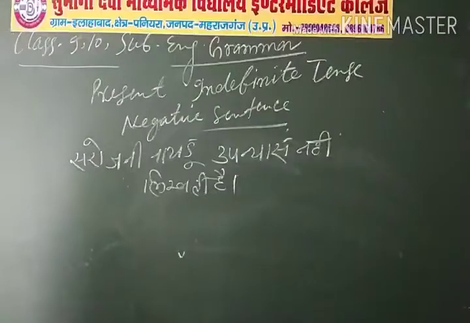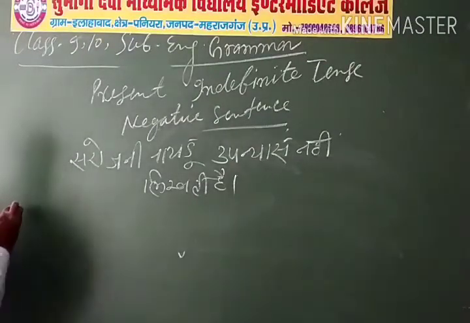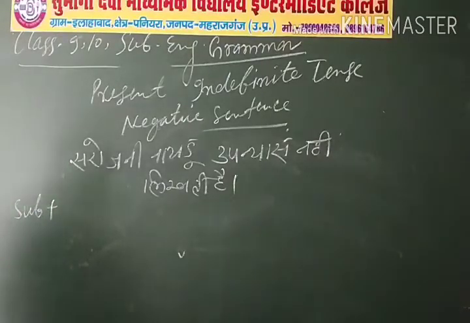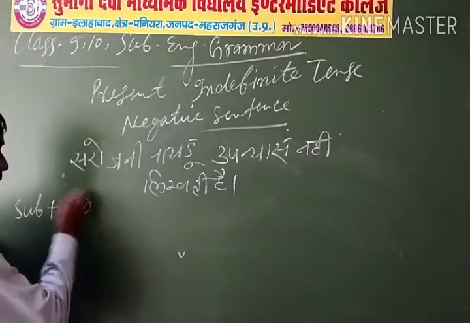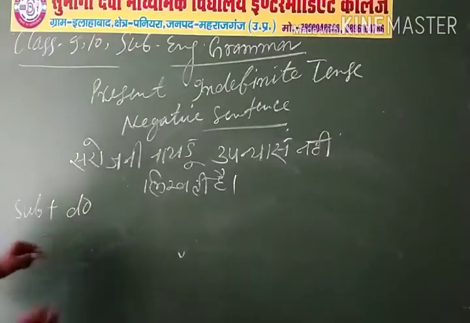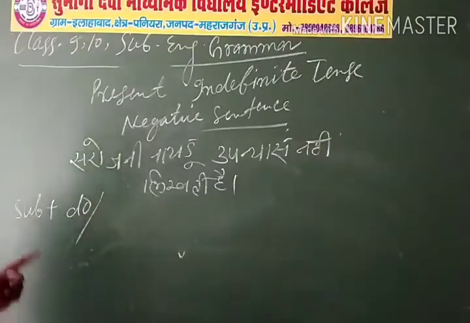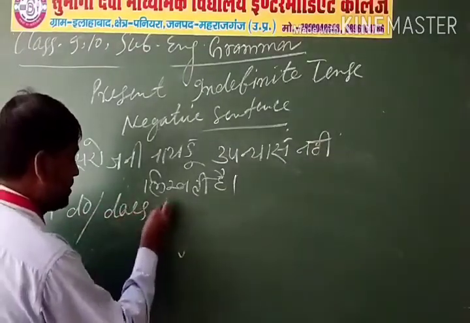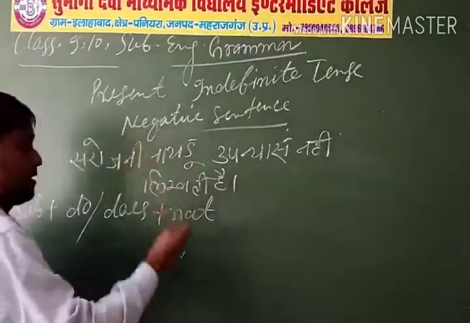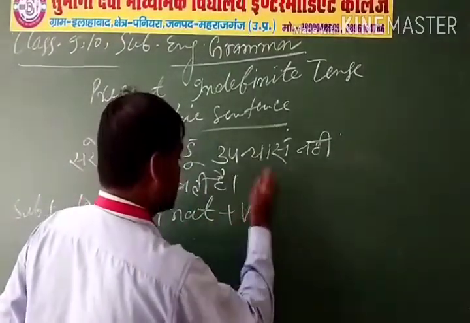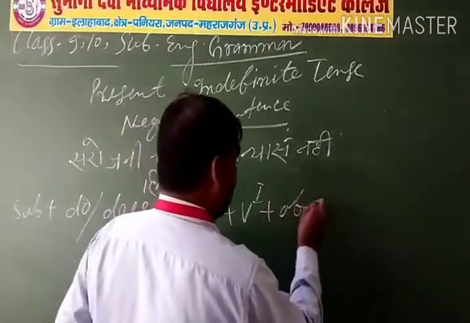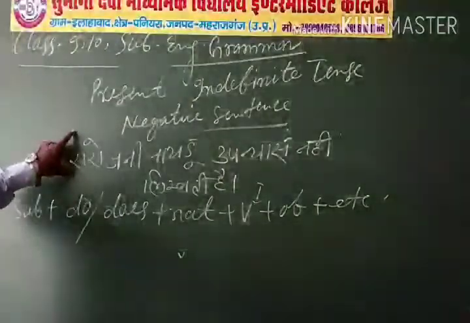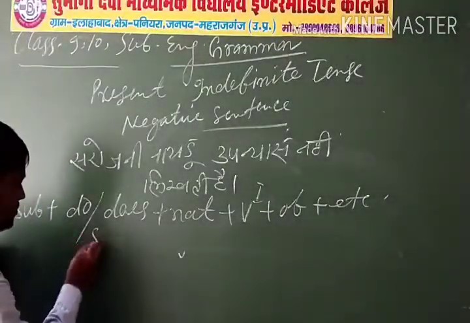In a negative sentence, first of all we have to write the subject, and if the subject is plural, then we have to add the modal auxiliary do, and if the subject is singular, then we have to add the modal auxiliary does, and after then not, and after then the verb's first form, and after then object and other words. So here what is the subject? Sarojini Naidu.